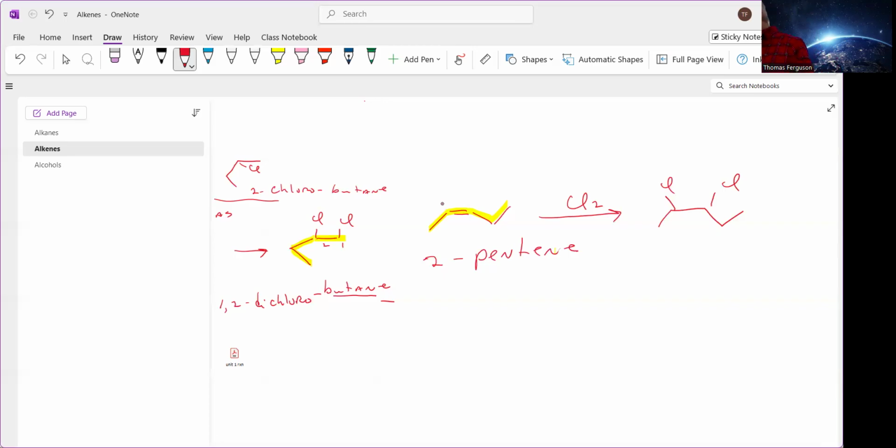And our product is going to be 2,3-dichloropentane. Okay, so to receive full credit, we name the reactant, we name the product, we name the condition, we name the correct structure.